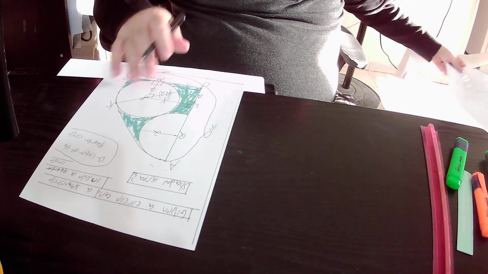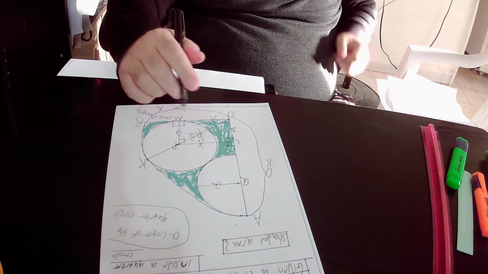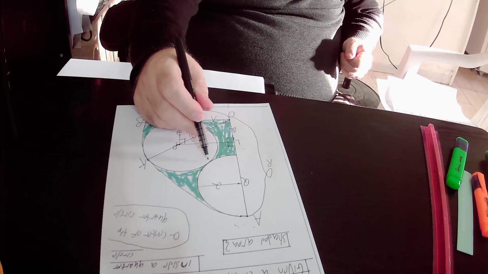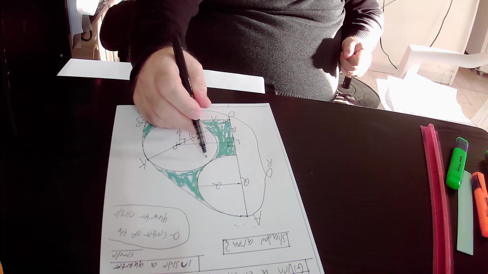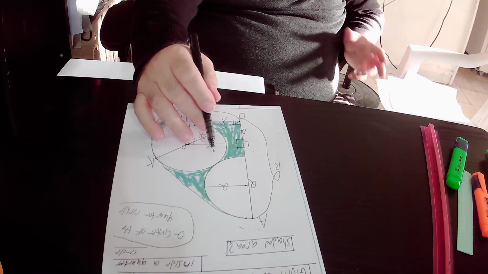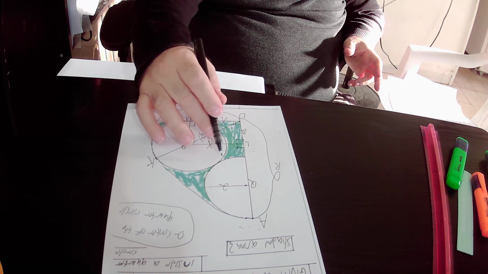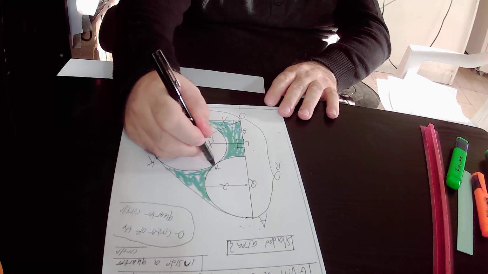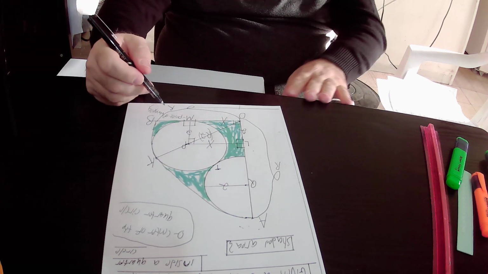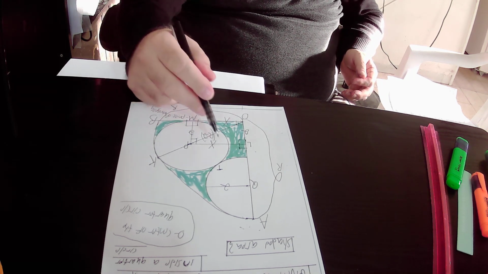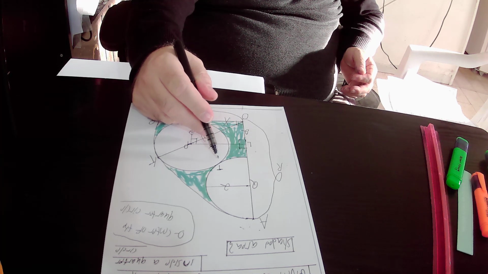In the next step, we will focus at this point. This point is the touching point between the circle and the semicircle. So we will define the touching point between the circle and the semicircle as point T. So at point T, the circle and the semicircle are touching each other externally.